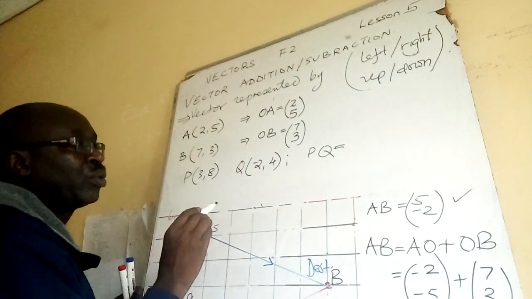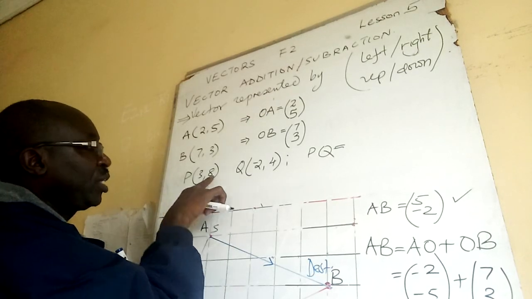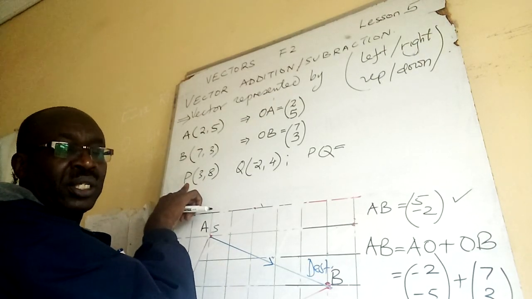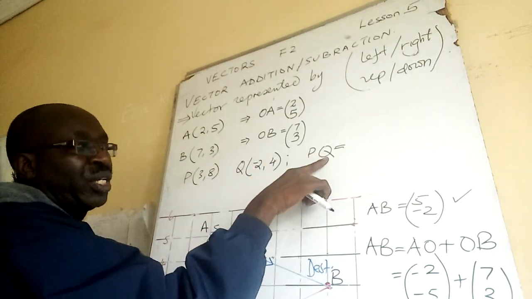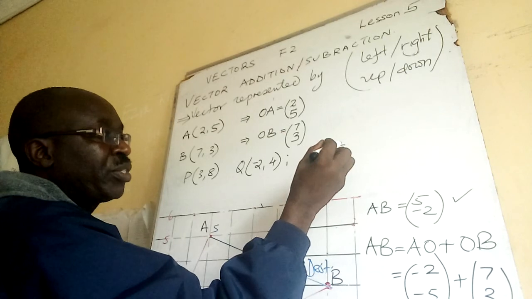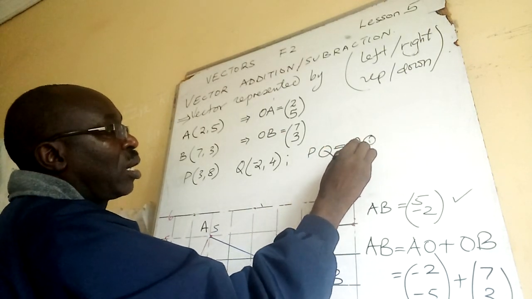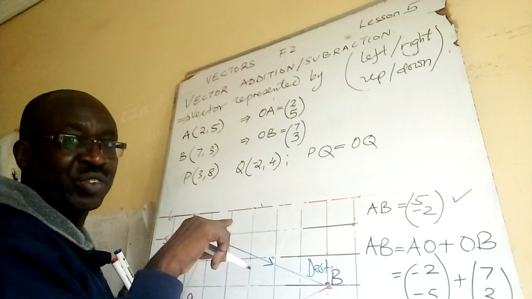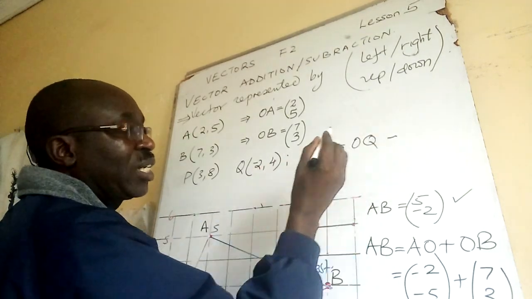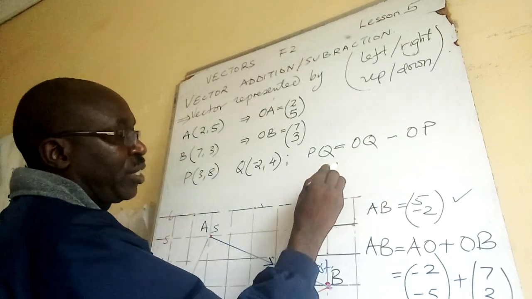So what I'm saying is our destination is Q. Starting point is P. So I'm saying position vector of destination, subtract position vector of starting point.